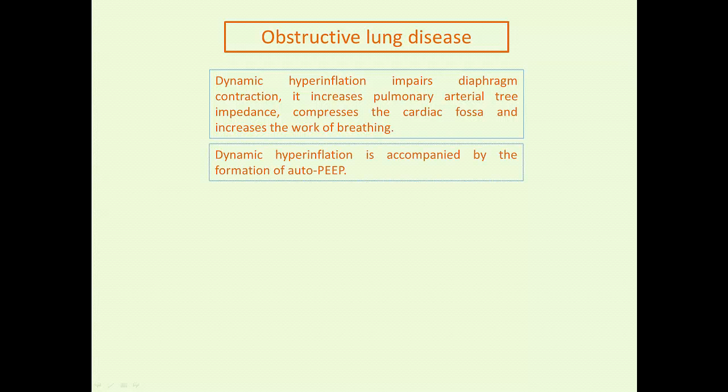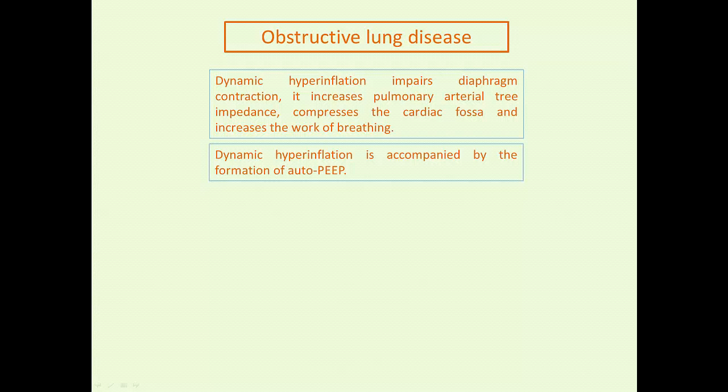Dynamic hyperinflation is accompanied by the formation of autoPEEP, or auto positive end expiratory pressure, and this is, by the name, an amount of end expiratory pressure that is positive, that is above atmospheric pressure, whereas at the end of expiration, your alveolar pressure should be atmospheric pressure, that is 0.